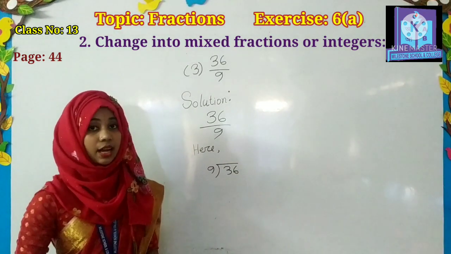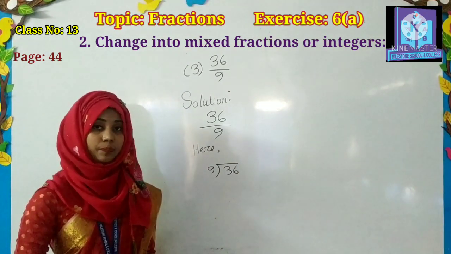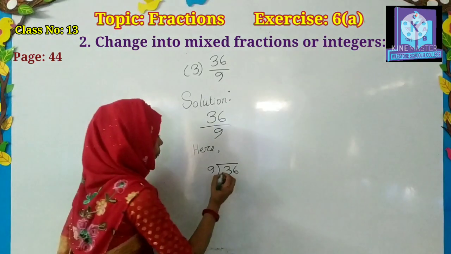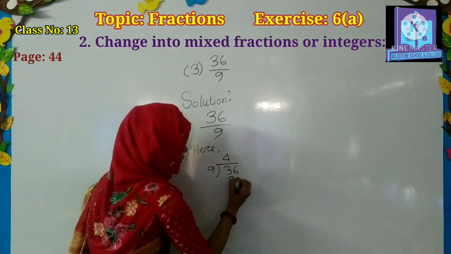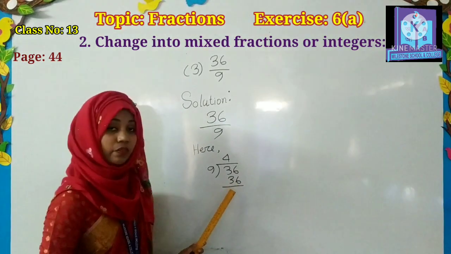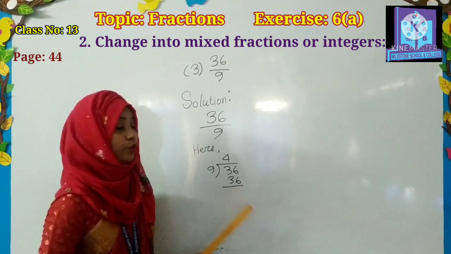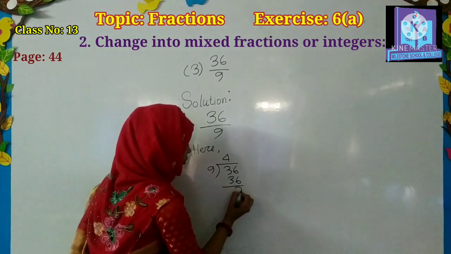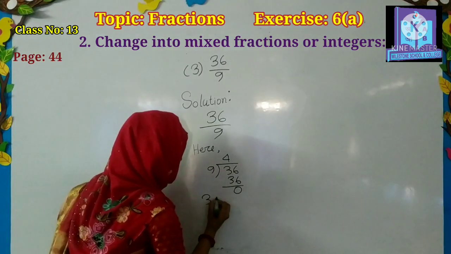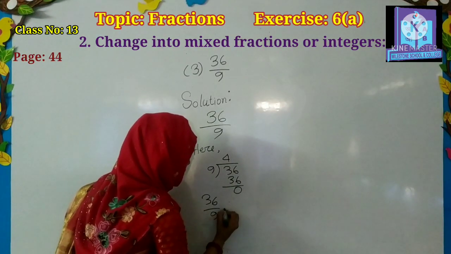Now dear students, count times table of 9. 9 fours are 36. Here is any remainder? No. So I can write down 0. So our improper fraction is 36 by 9.